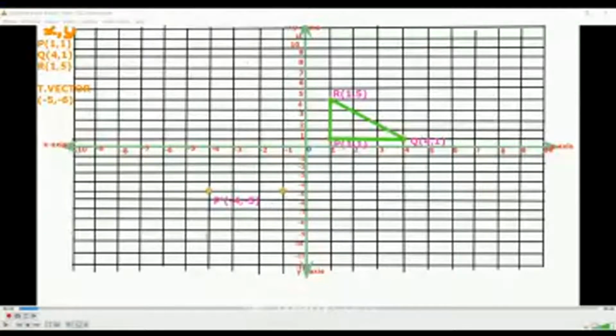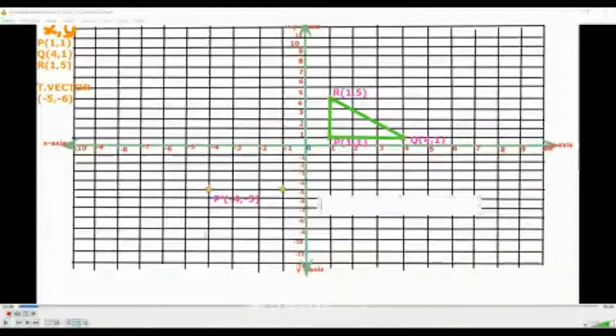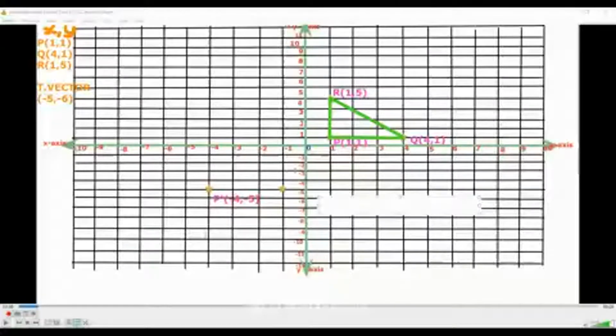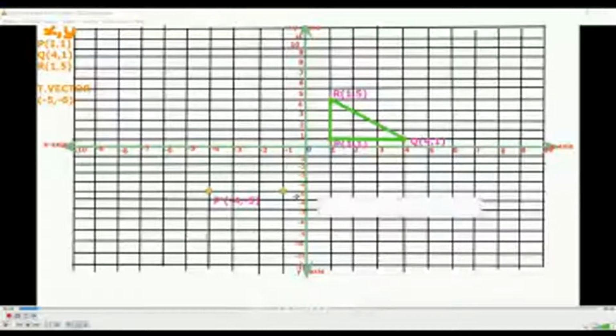The coordinate is always formed by the x coordinate first before the y. So the x is -4 and the y is -5. So the Q prime here, or Q1, you can write Q1 or any other letter that will differ.